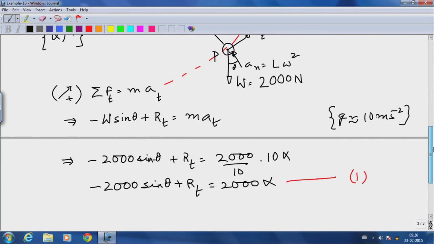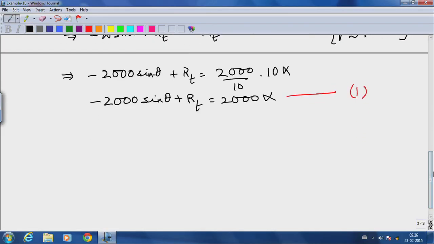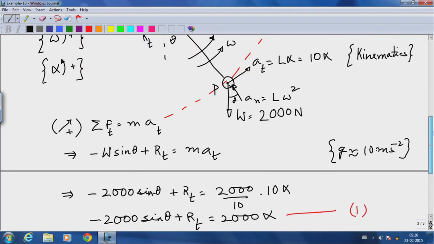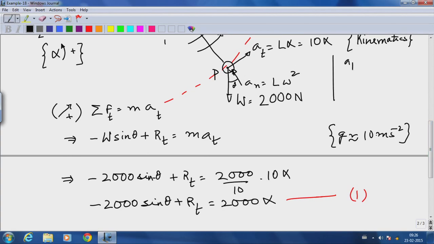Okay. The second equation is that the sum of all forces normal, or along the bar, is also equal to the mass times the acceleration of the center of mass. Here a sub t and a sub n are the accelerations of the center of mass.